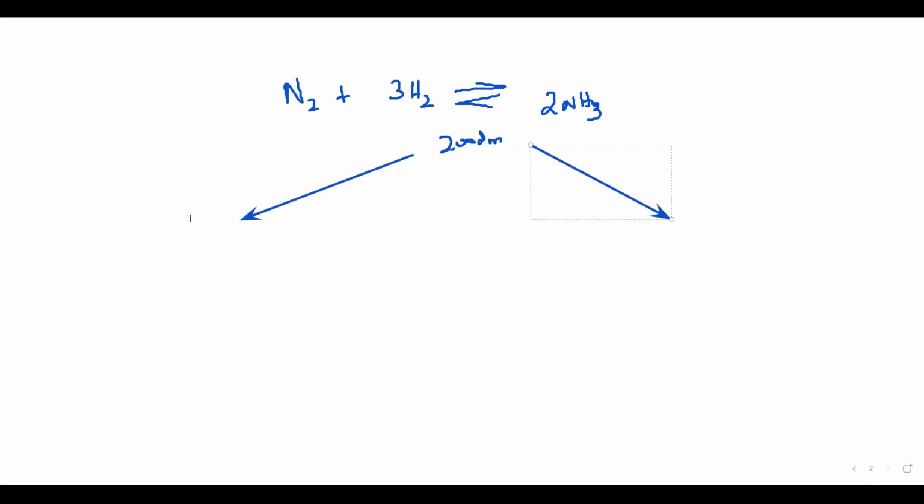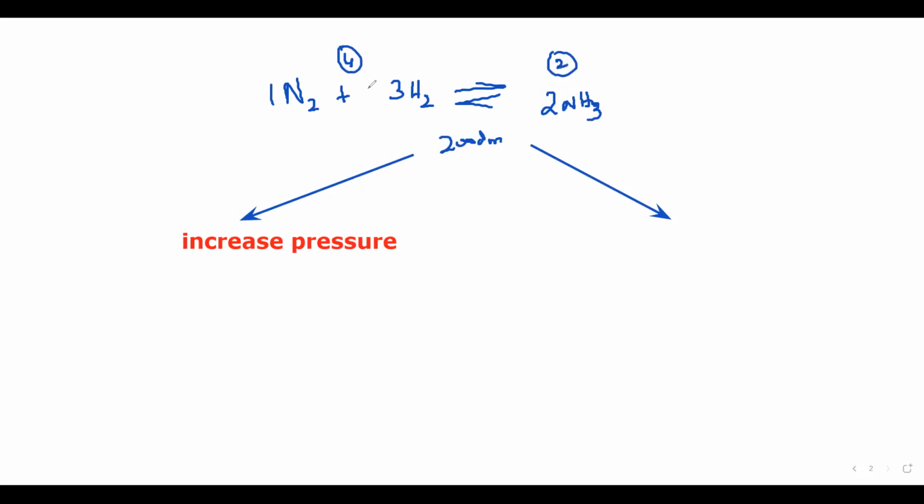If we increase the pressure, what will happen? When we increase the pressure, the equilibrium always shifts towards the side with fewer moles. On the reactant side we have 4 moles and on the product side we have 2 moles.